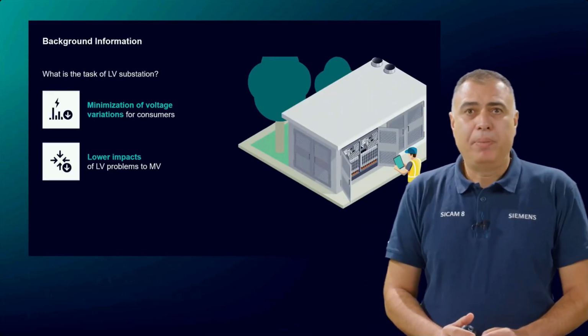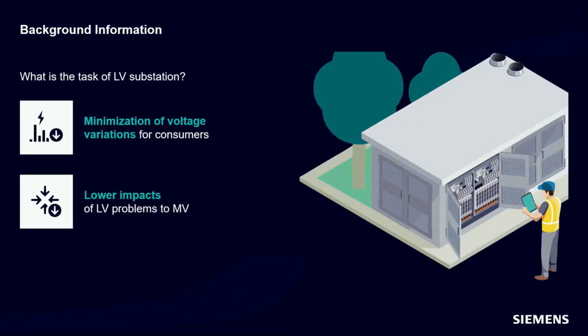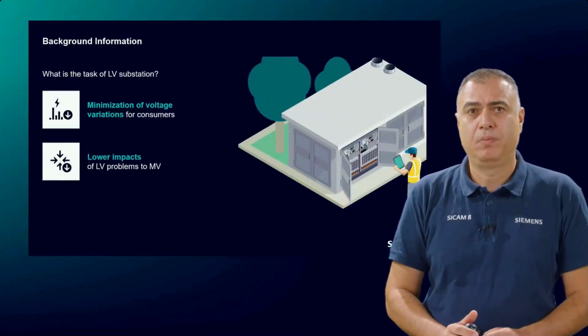To warm up, let's begin with a basic look at the purposes of a low voltage distribution substation. Apart from supplying energy to the end customer, according to our point of view, there are the following 2 additional purposes.